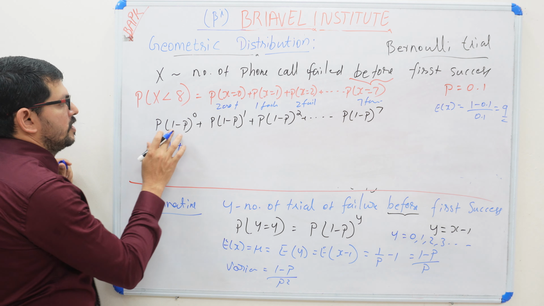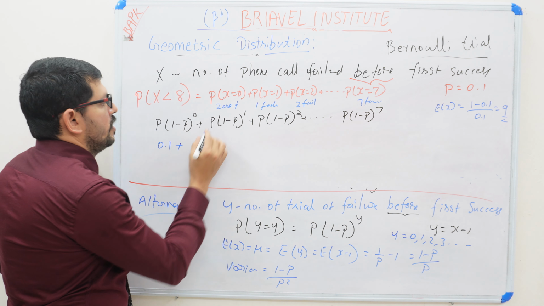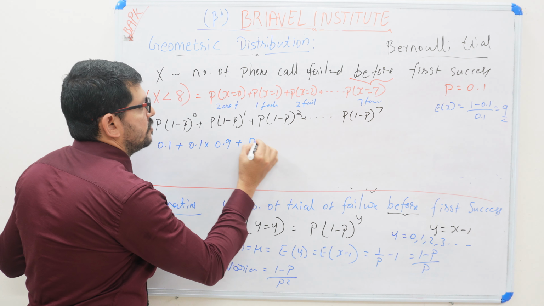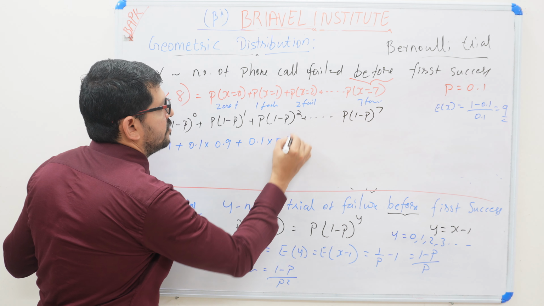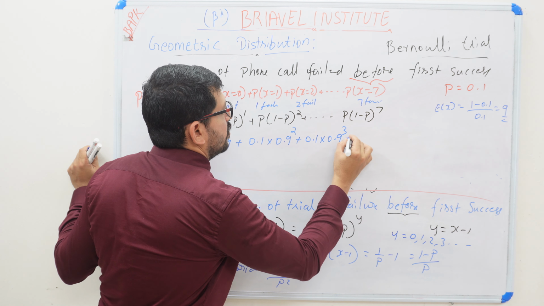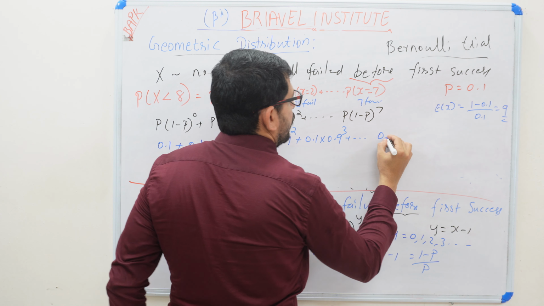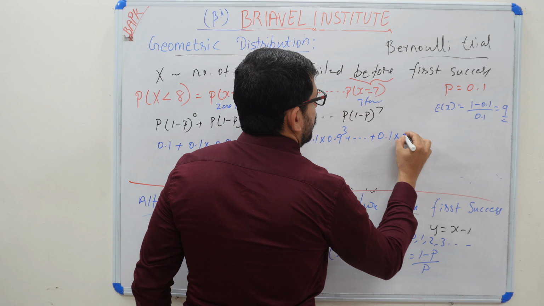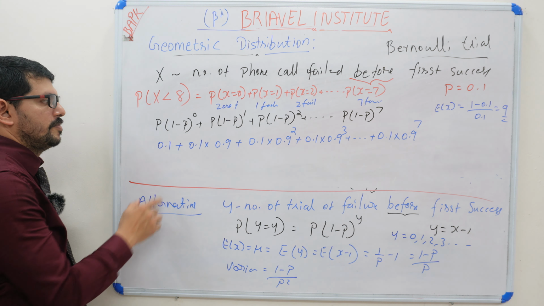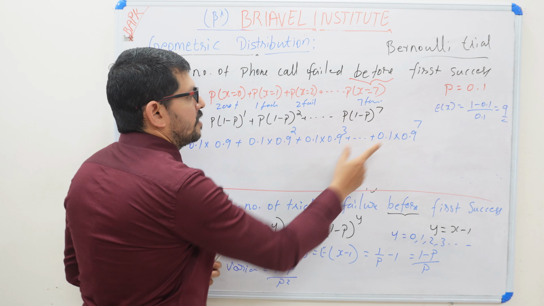What is my P? P is equal to 0.1. We can write it like that: 0.1 plus 0.1 into 0.9 plus 0.1 into 0.9 squared plus 0.1 into 0.9 cubed up to 0.1 into 0.9 raised to 7. So this is a geometric progression.